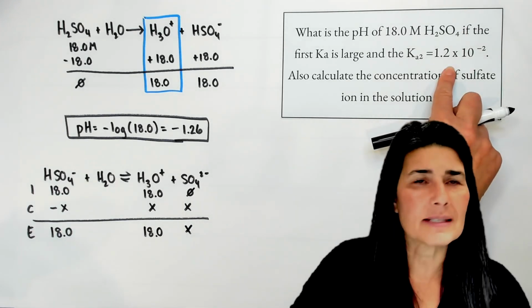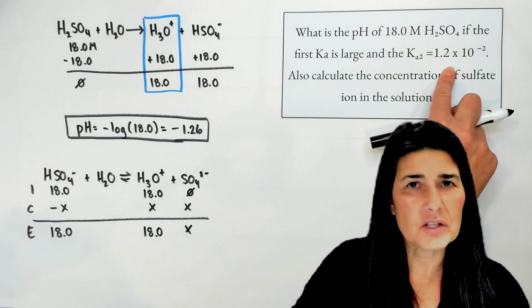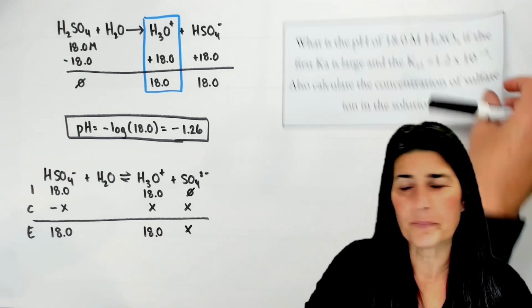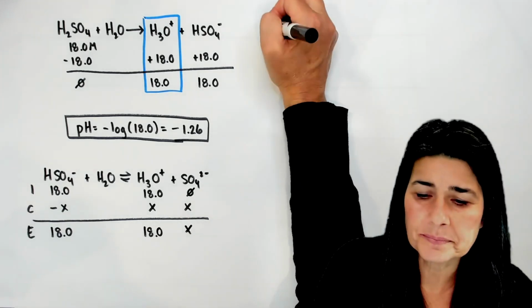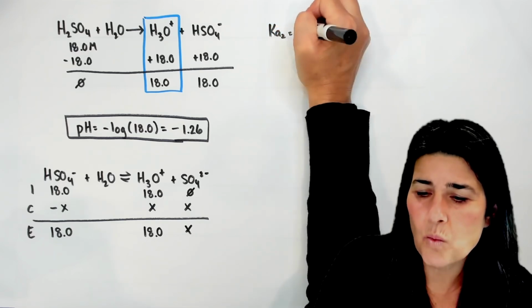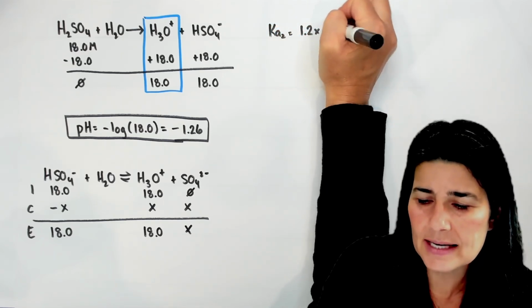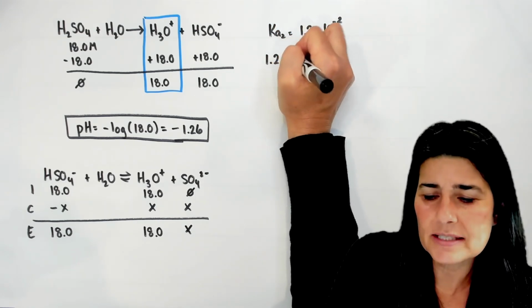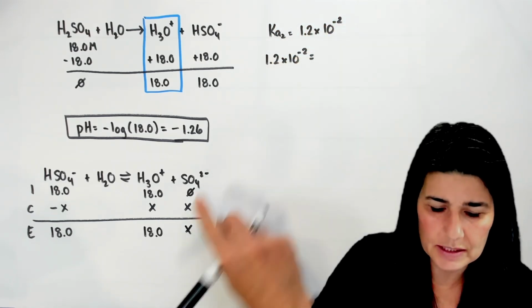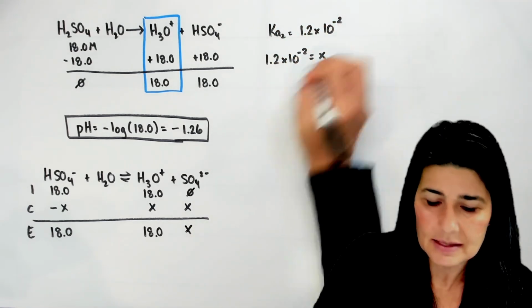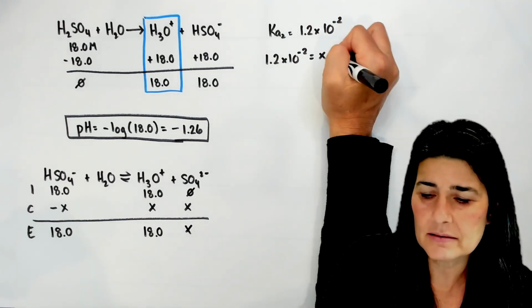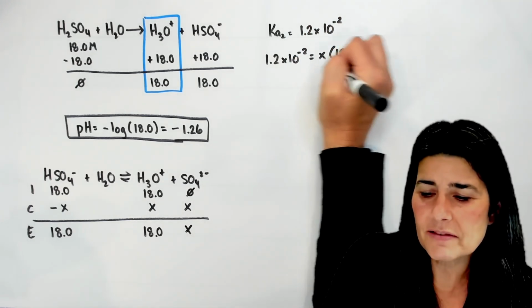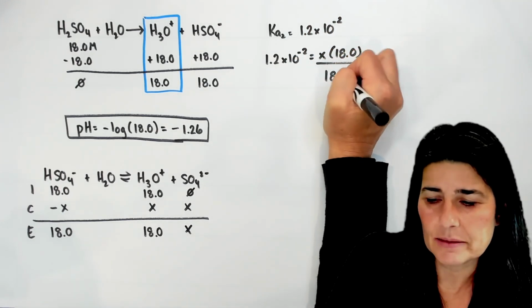Let's use the second Ka, Ka2, which is 1.2 times 10 to the minus 2. That value, 1.2 times 10 to the minus 2, is going to equal x times 18, all divided by 18.